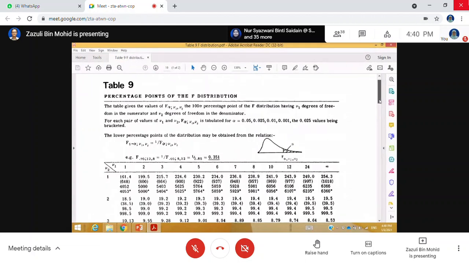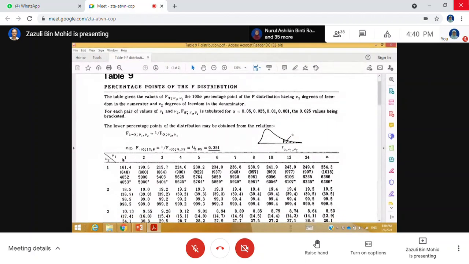So when you look at the table in the bottom here, this horizontal value is for the v1, the vertical is for the v2, and the first value of each line and column here is for the value of alpha 0.05 if it is in the first part here.